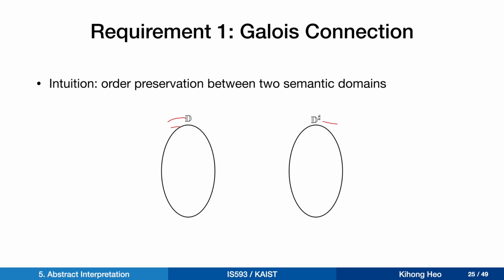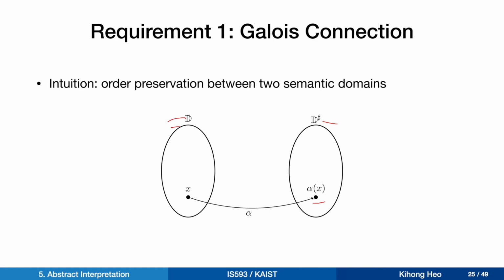Suppose there is an element in D called X. You can assume that this X is an initial set of states in concrete execution. If we abstract the element using the abstraction function alpha, we get the image alpha of X, which is the abstraction of the set of initial states.